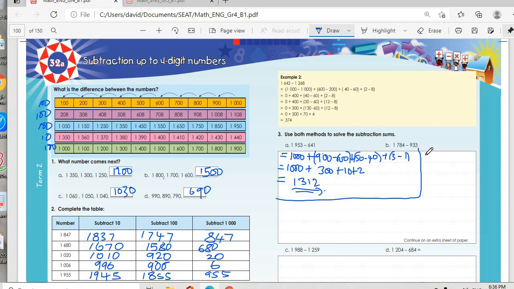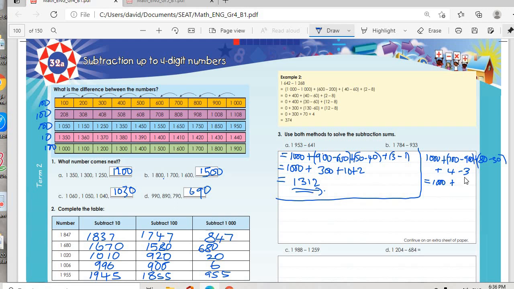Right, okay, so we'll say 1000 plus 700 minus 900 plus 80 minus 30. Then plus 4 minus 3. So the answer will be 1000 plus.